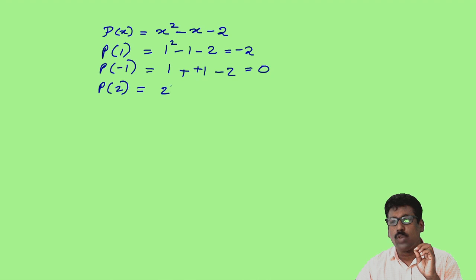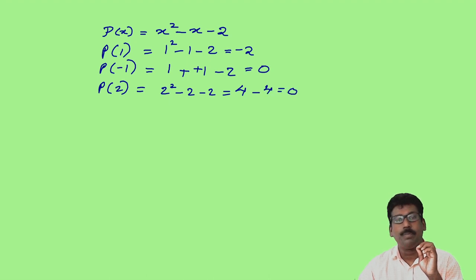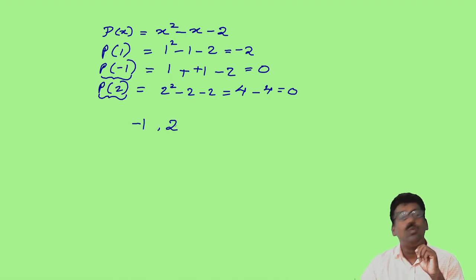That is 2 square minus 2 minus 2. 2 square means 4 minus 2 minus 2, which is equal to 0. That means you get the value 0 when x is equal to negative 1 and x is equal to 2. So we can say negative 1 and 2 are the zeros of this polynomial.